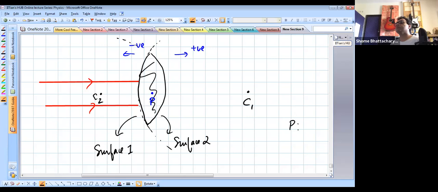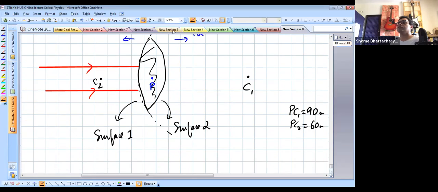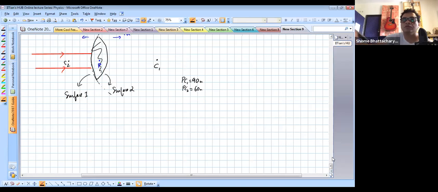We know that PC1 was 90 centimeters, and PC2 is approximately, of course, because there is a thickness involved, 60 centimeters. So just minimizing this to show this in context of the information I gave you.